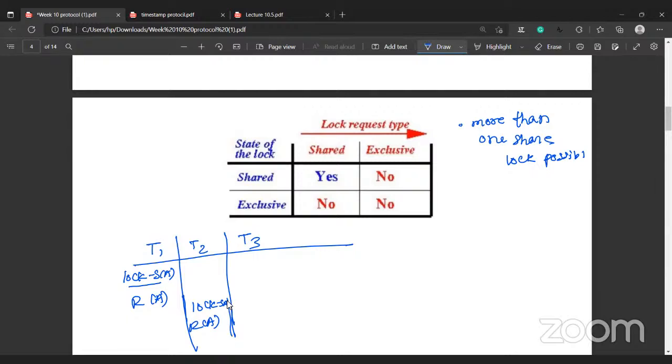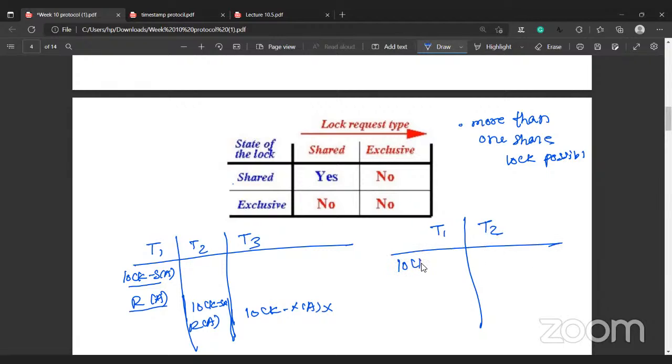But if one shared lock is already applied on a data item and you want to apply an exclusive lock, it will not allow. Right? Then the exclusive lock. Suppose there are two transactions, T1 and T2.